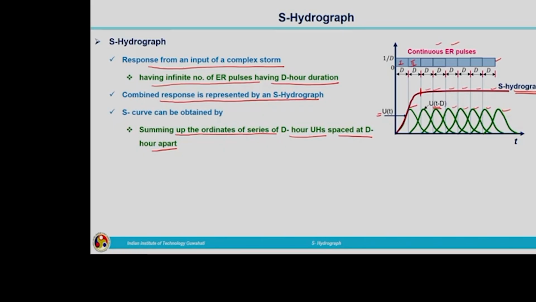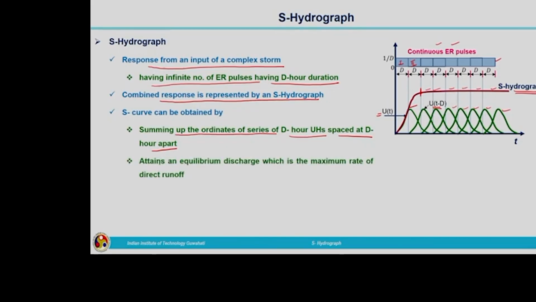The S-Hydrograph consists of a series of unit hydrographs, and once it attains a certain time, there is an equilibrium runoff value or equilibrium discharge, because the ordinates of the S-Hydrograph do not change after that time.